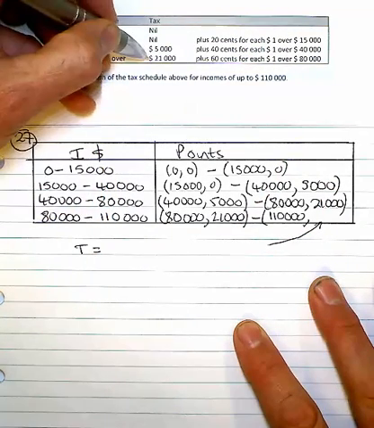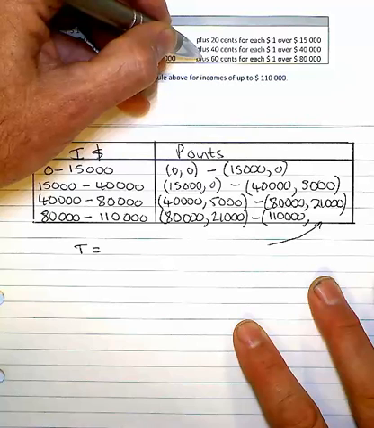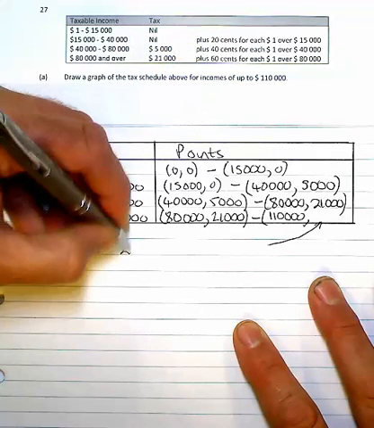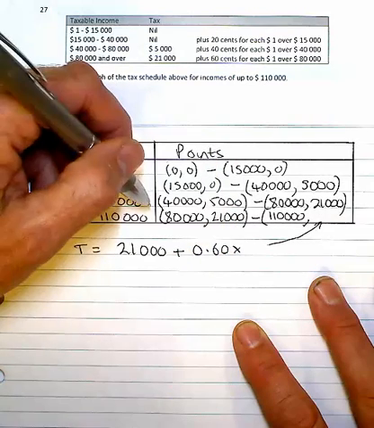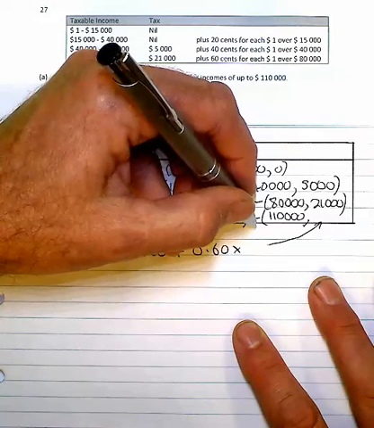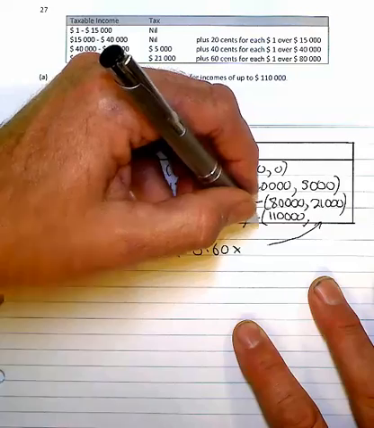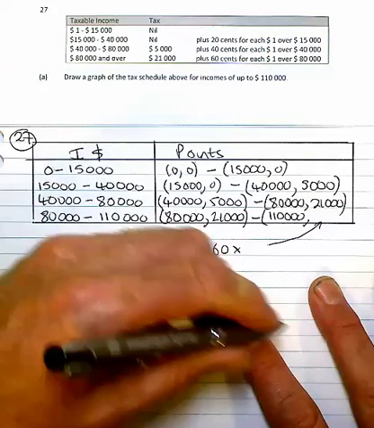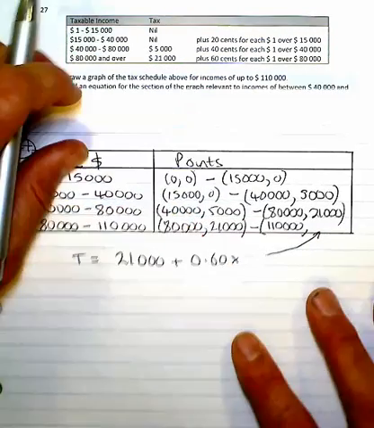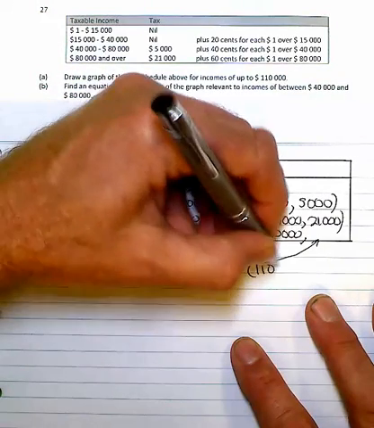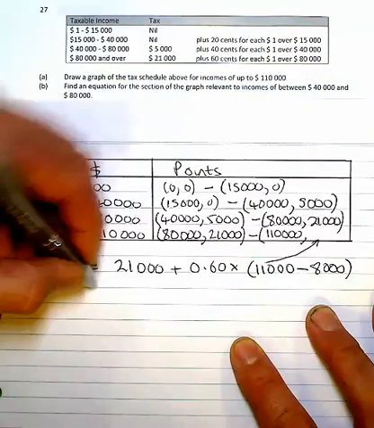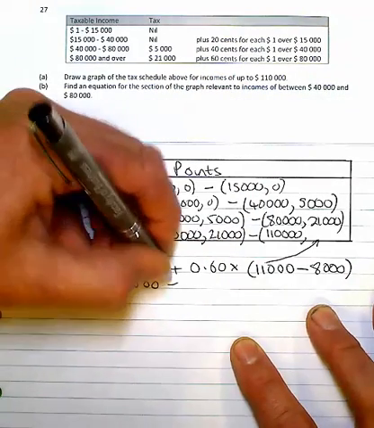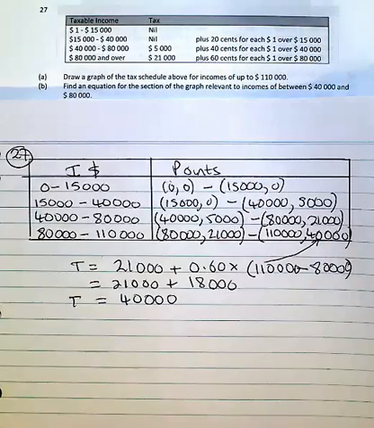Now it's 21,000 plus 60 cents for every dollar over 80,000. And you can see I end up with $40,000 of tax.